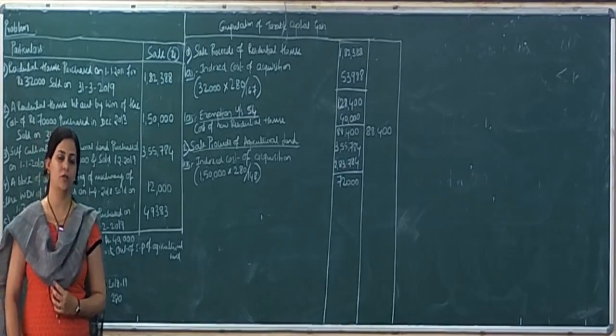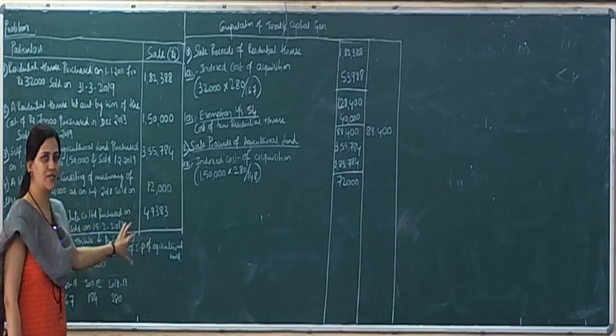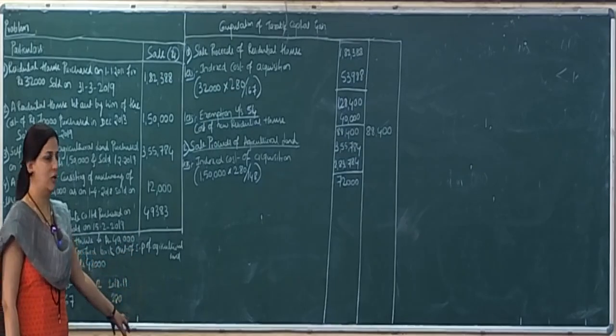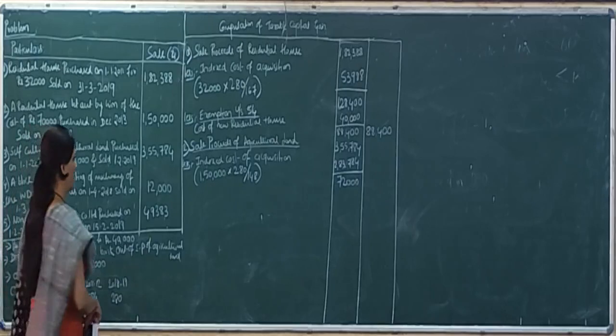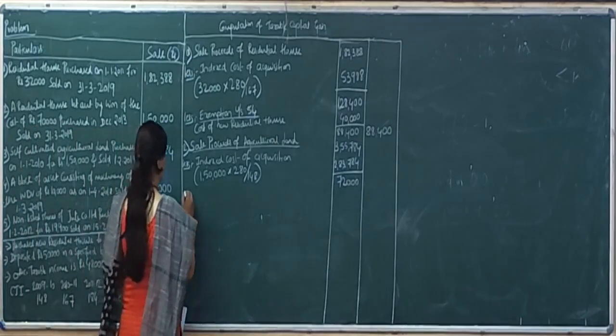Okay, so once again I am writing it here. Whatever he sold, out of that 50,000 he has deposited in a specified bank account, and definitely that will qualify for the exemption.